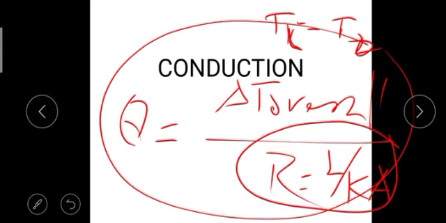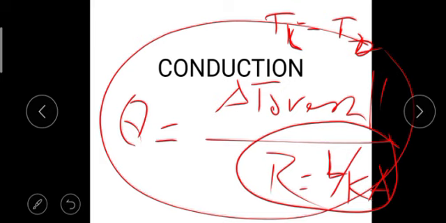L means the thickness, the thickness of the plate, the pipe, or the slab. K means the thermal conductivity. A means the area, with a unit of square meter.